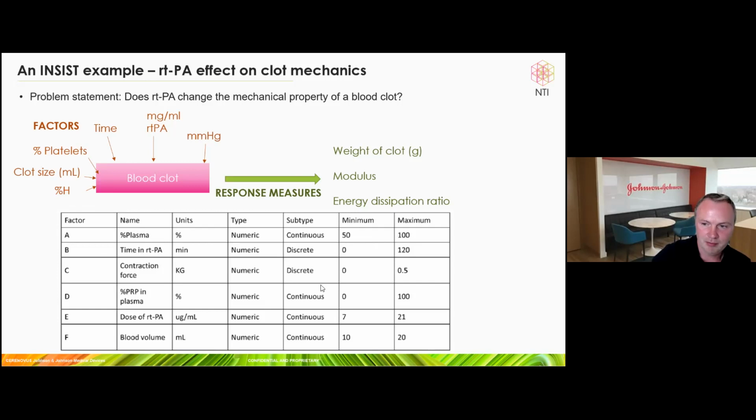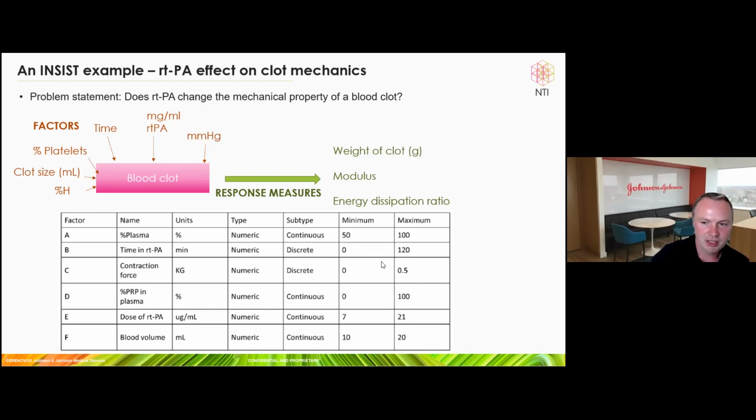We looked at the time in TPA, so we varied between 0 and 2 hours, which is typical. It's longer than the duration of administration of TPA to the patient, but the patient can have TPA on board for quite a while after the infusion is stopped.